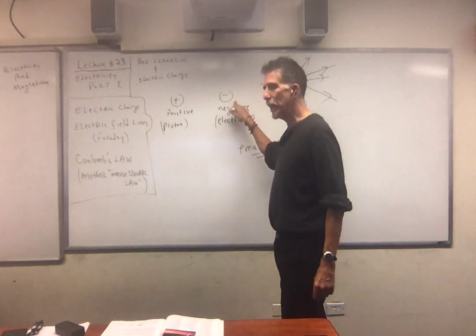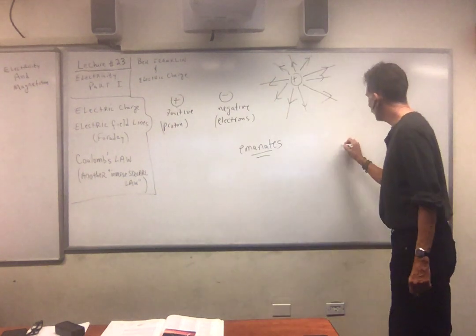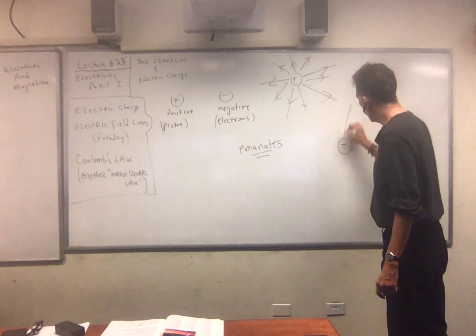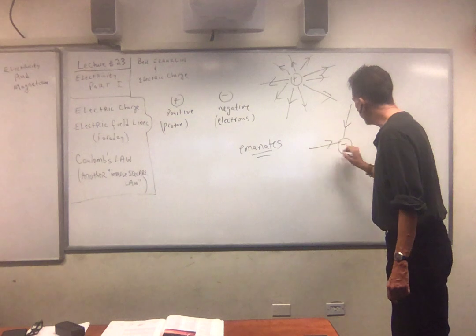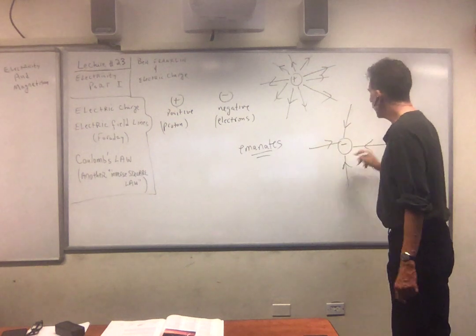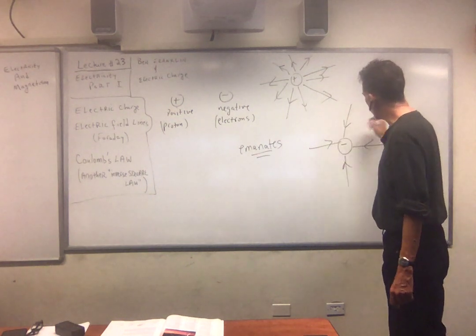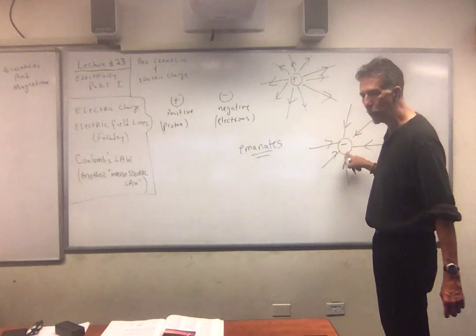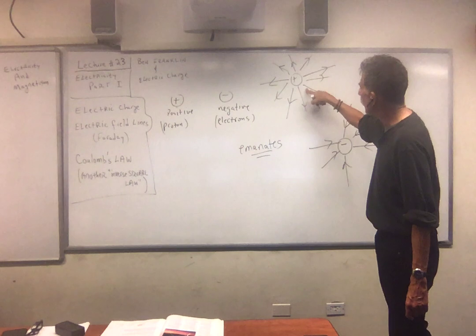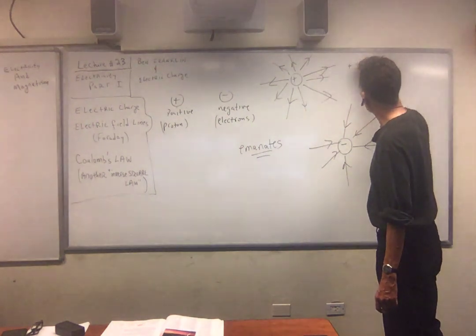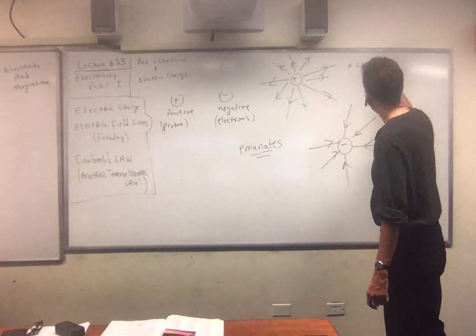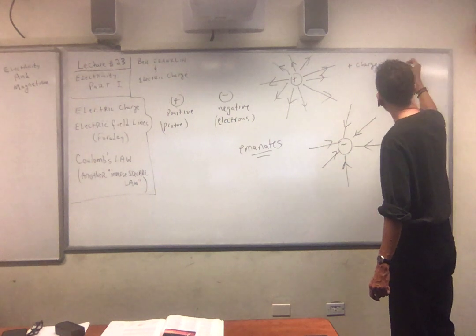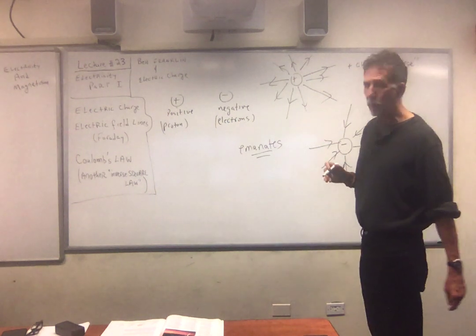If you are a negative charge, the opposite is true. We imagine that the electric field lines go into the charge, from infinity, they go in. So here, we would say a positive charge is a source of electric field.